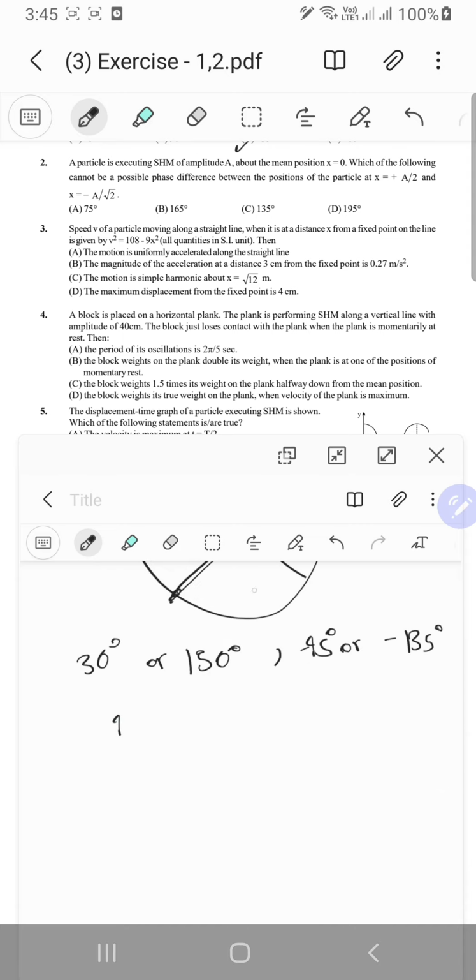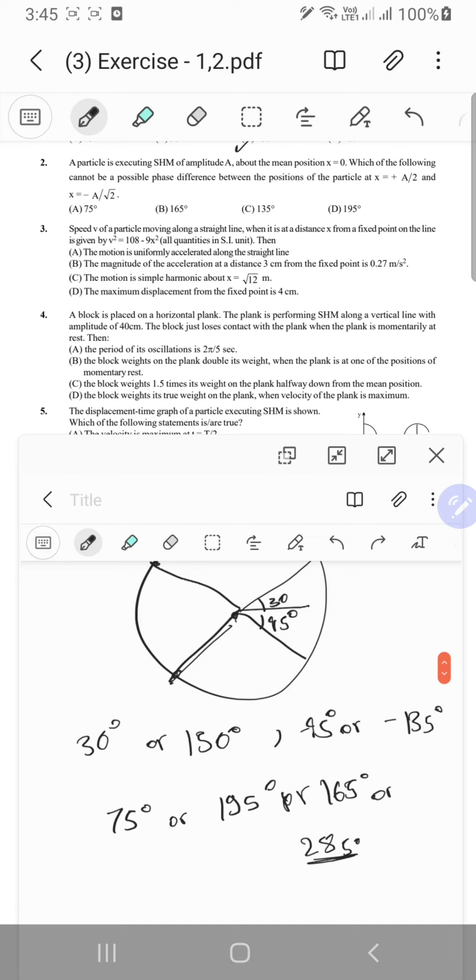So this is gonna be 75 or 195 degrees or 165 degrees or 285 degrees. By the way, for this thing I'm gonna reduce it, so nah, let it be, don't reduce it, because you will have to do 360 degrees for that, so no, don't do it.